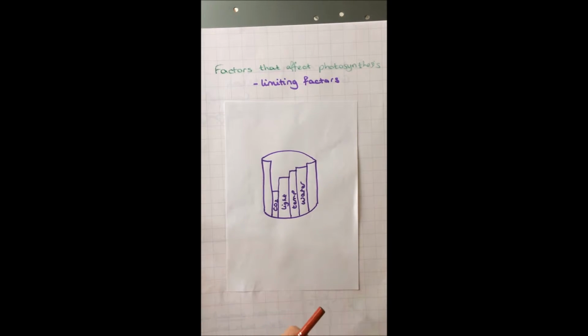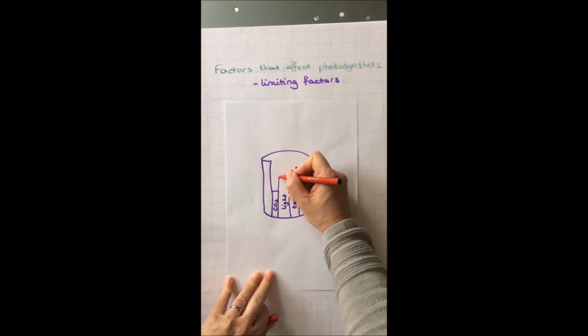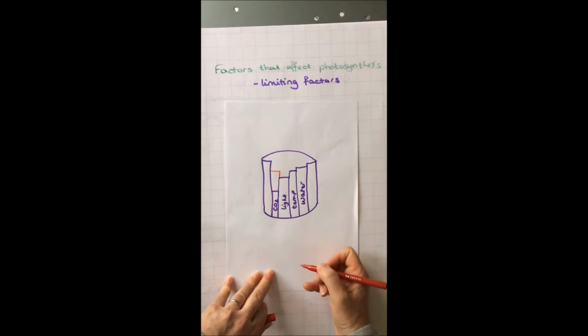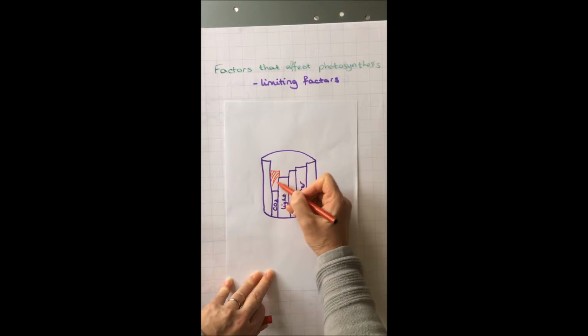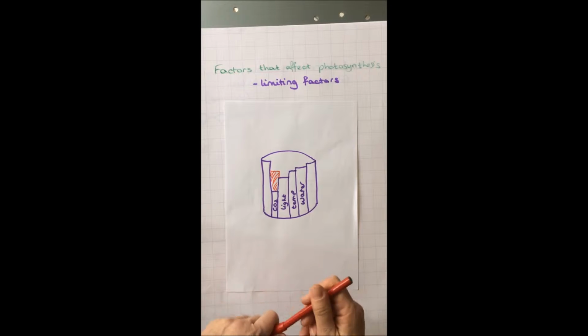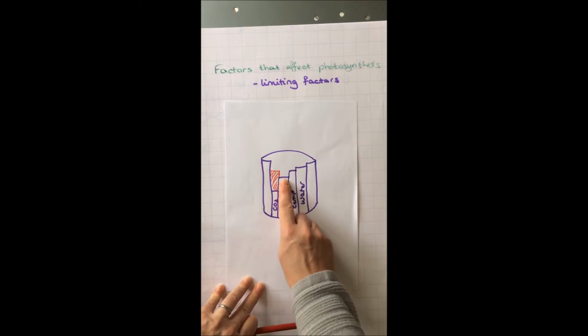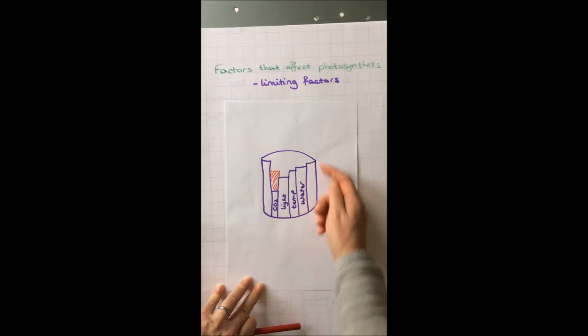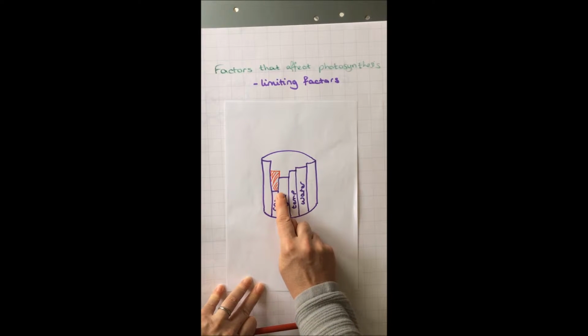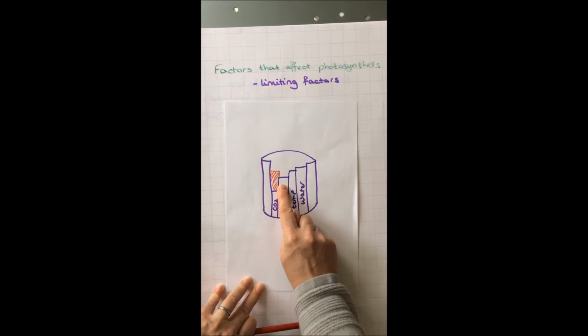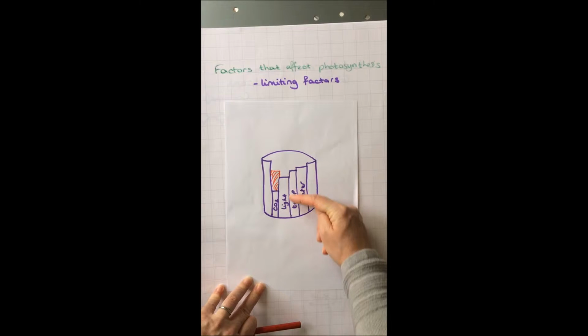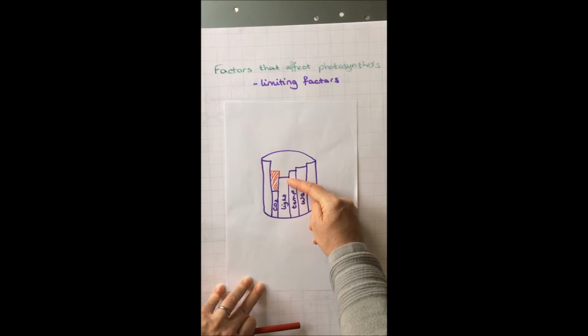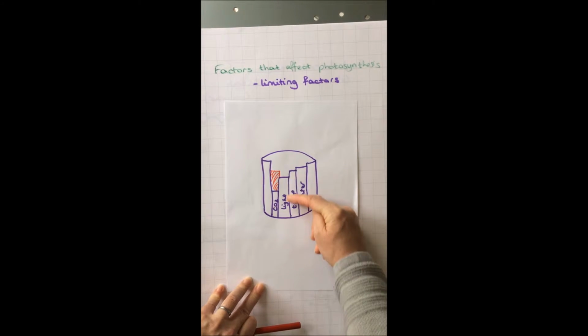If I were then able to provide more carbon dioxide, now light is my limiting factor, because I put water in here. Now I can raise my rate up to that point, and light is the thing I can't go beyond. So light is my limiting factor.